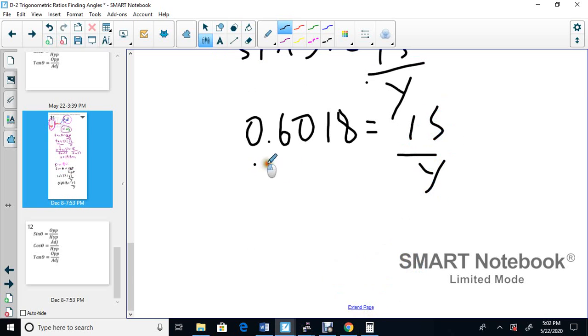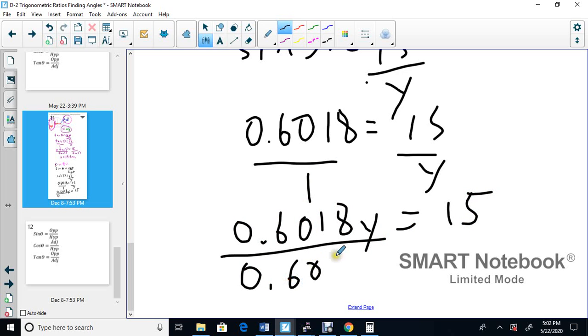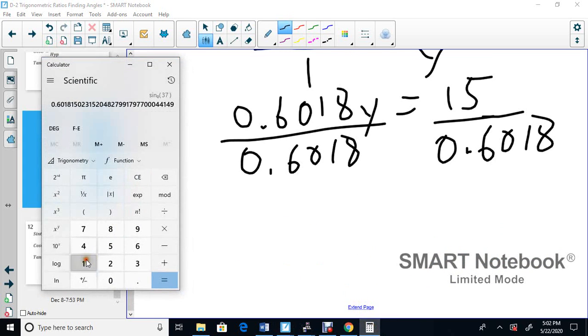15 over y, we put it over 1 and cross multiply, so we get 0.6018y equals 15, and then we divide by 0.6018. So 15 divided by 0.6018 gives 24.9.